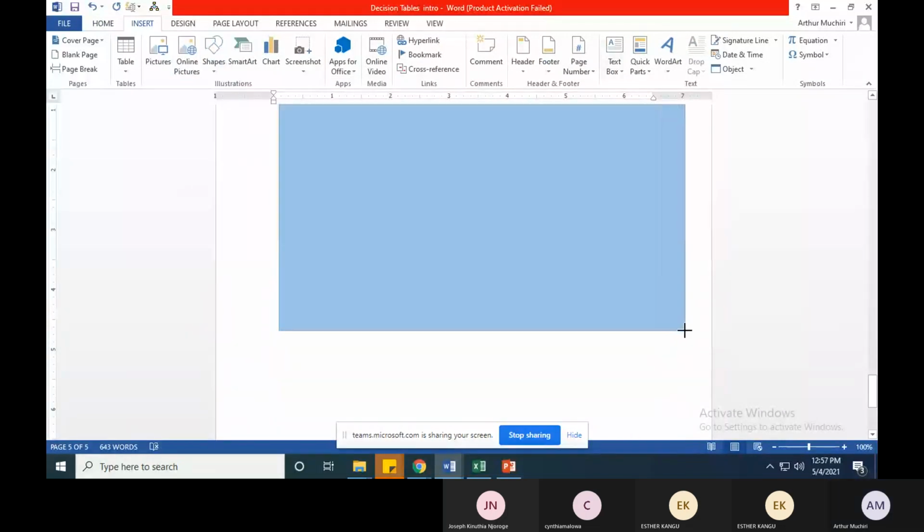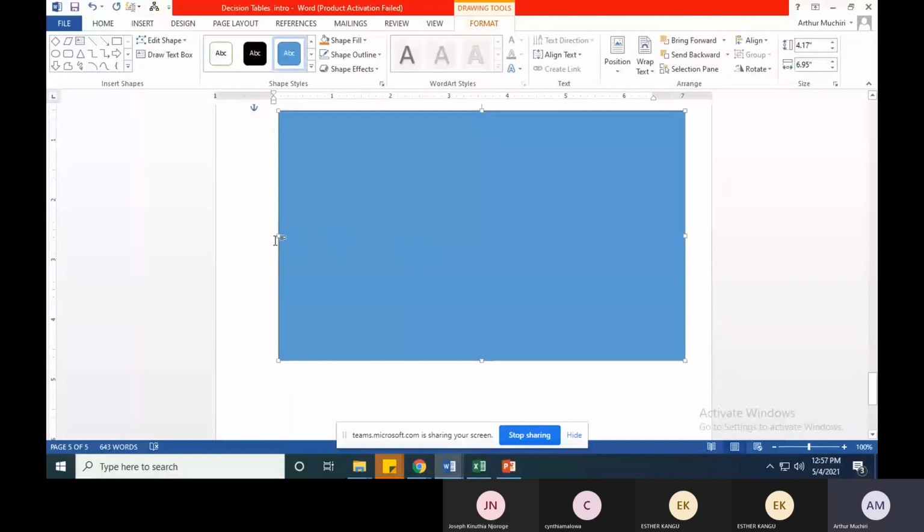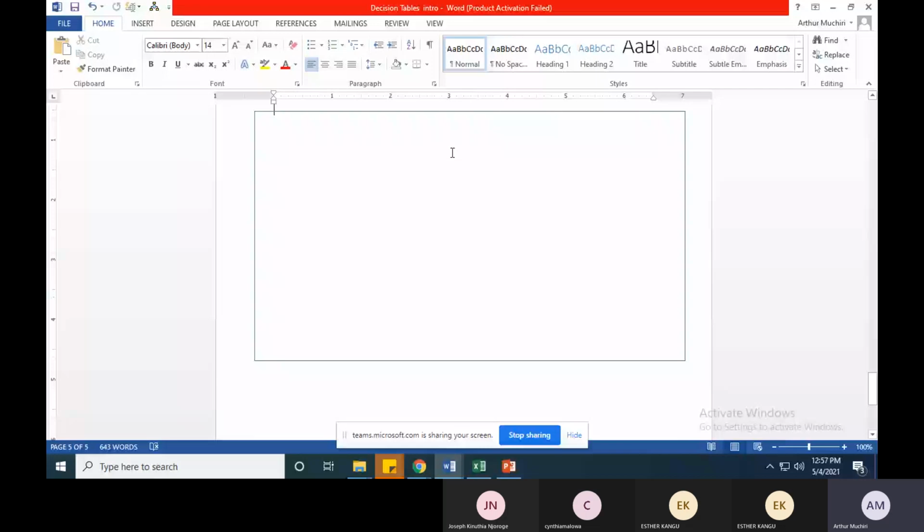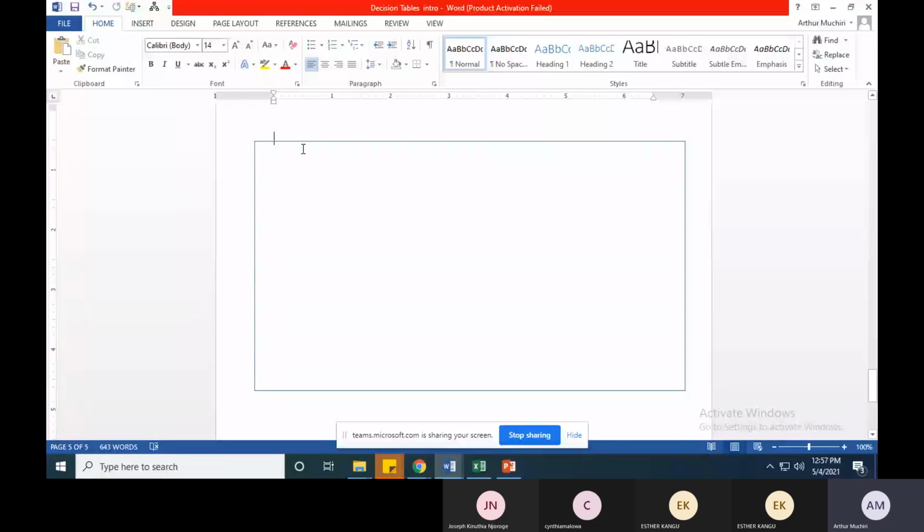This is now the table. This is how I would have drawn it in a class setup. First of all, you draw a box, and then you subdivide it accordingly. So the first block will be conditions and rules.